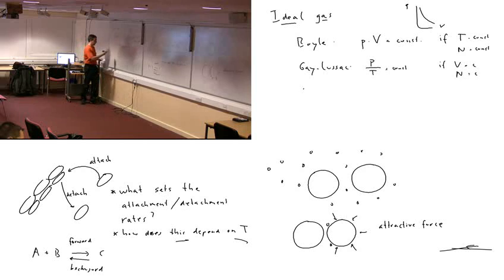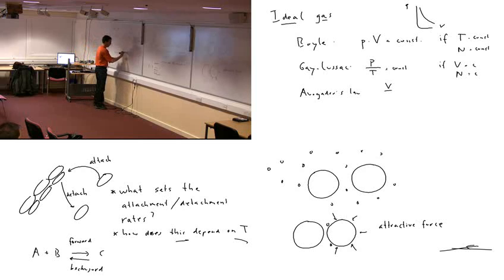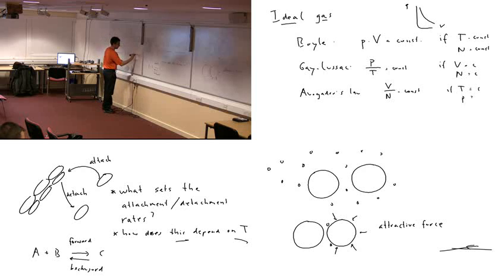And then you have Avogadro's law, which tells you that the volume over the number of particles is constant, provided temperature and pressure are constant.